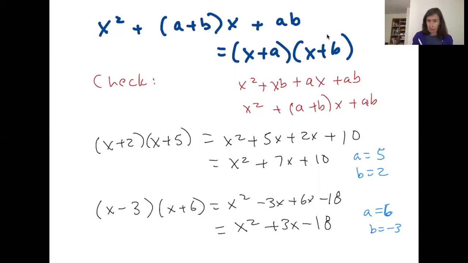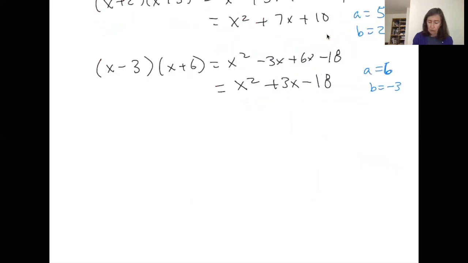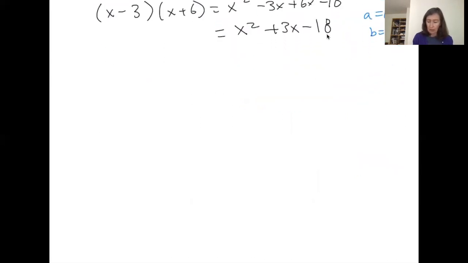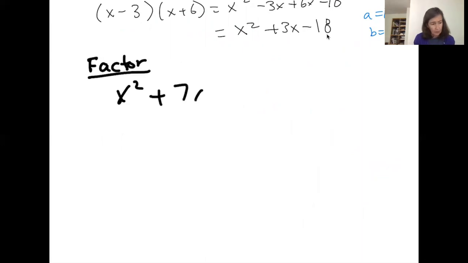Now let's do this the way we normally would. This was sort of validating the formula. Let's actually use the formula to factor this expression. Okay, so if we just had x² + 7x + 6, and we want to factor it, first thing we do is we ask ourselves, okay, what are the factors of 6?